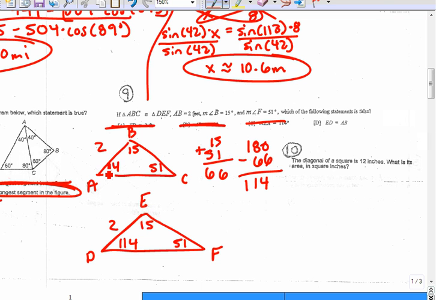All right, this says ED is equal to AB. Well, they are in fact equal to one another. So let's go back. Maybe we misread this. So let's see. Measure of angle A is 114. No, that's true. These are true. All right, the measure of angle D is equal to measure of angle A. No, that's true. Now let's go back here.